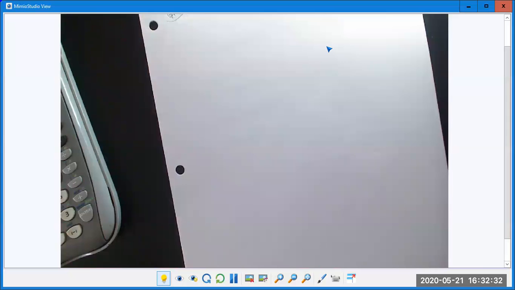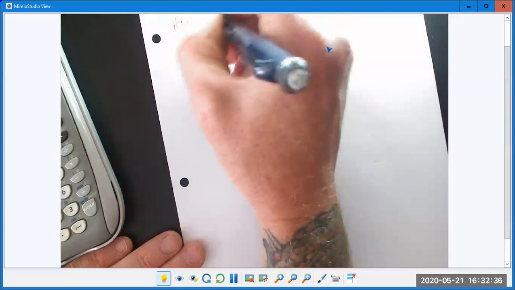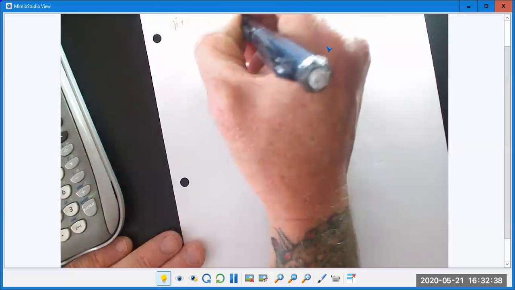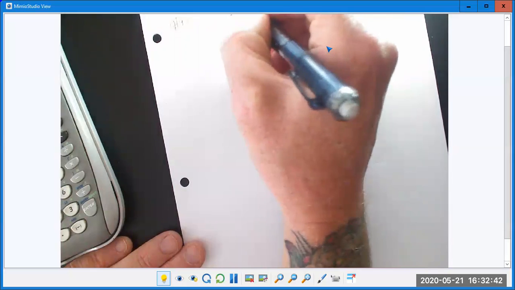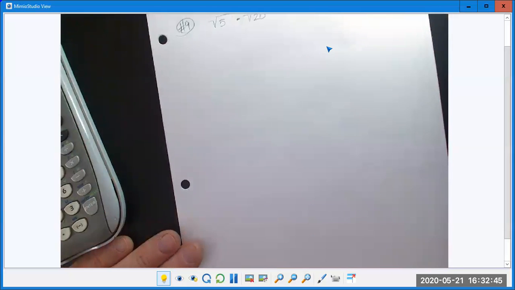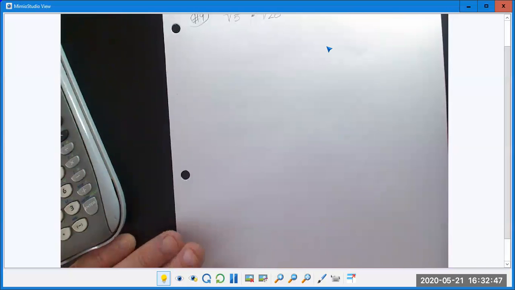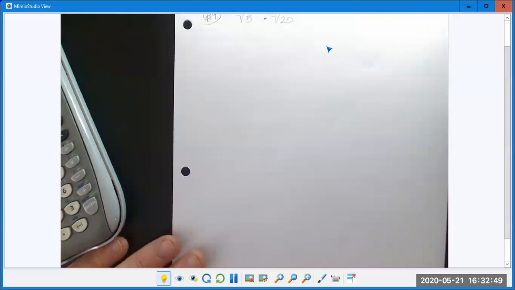Number 9, radical 5. Now let's take a look at these type of problems. Radical 5 times radical 20. Let's make sure that we multiply these together first.